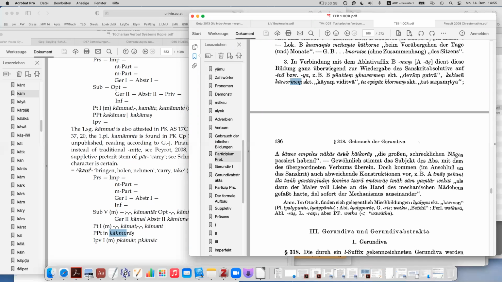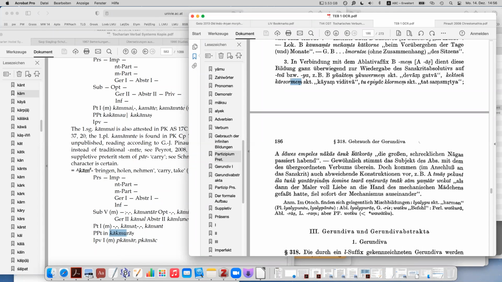Okay, and Ashuk means completely, and Kutkodesh, Kutk means to cross, passiert haben. So this means the big and terrible snakes completely crossed. So having crossed the big and terrible snakes completely.